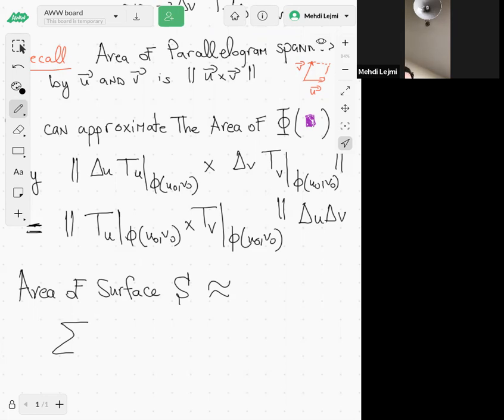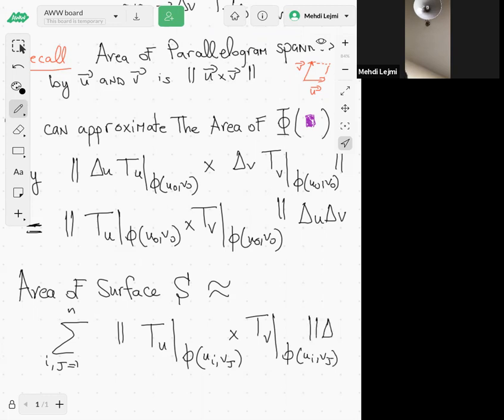So this is a sum, let's say i, j going from 1 to n, of the magnitude of the cross product, times delta u_i delta v_j.